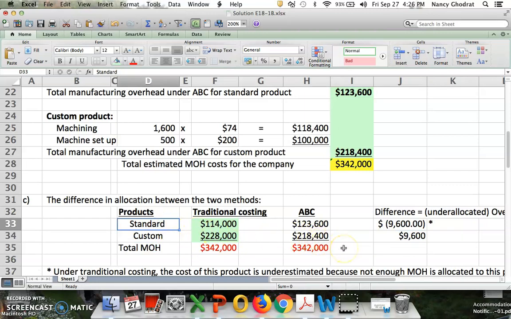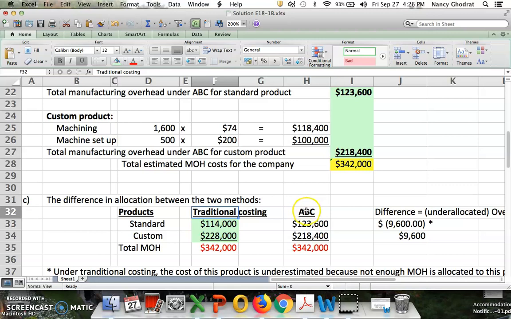Now remember, the cost of implementing the ABC approach is higher than traditional costing. Traditional costing is really easy because you only need one simple rate.